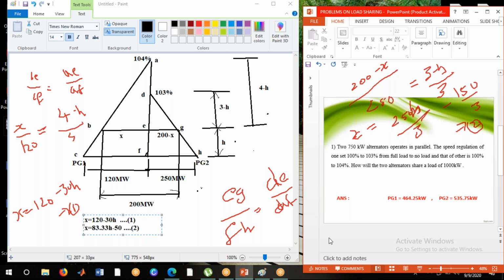Right, H is 1.5. Then substitute the H value in equation 1. Substitute 1.5, that is the H value, in equation 1. What do you get?